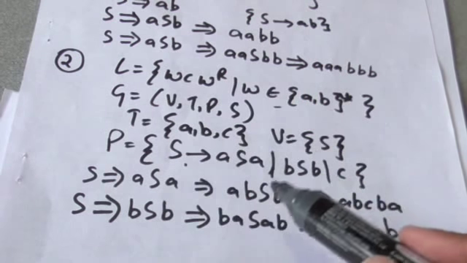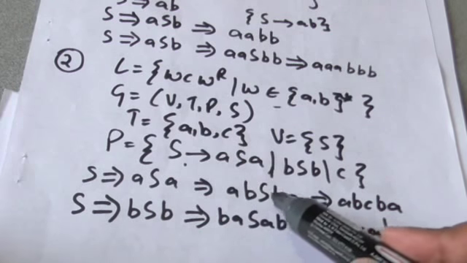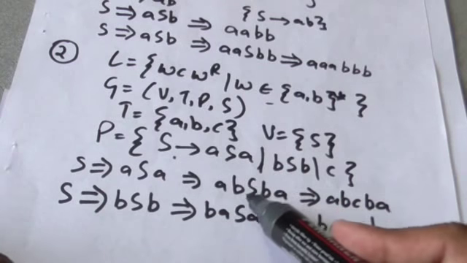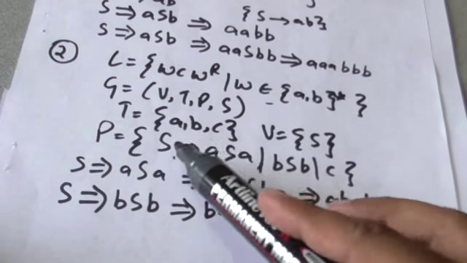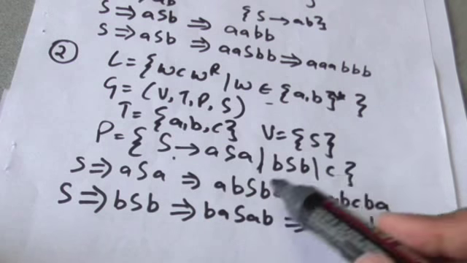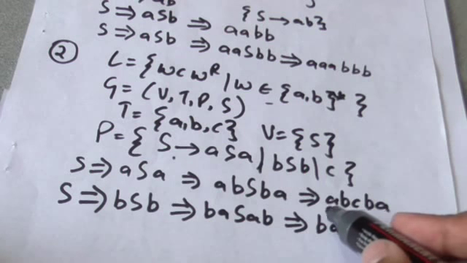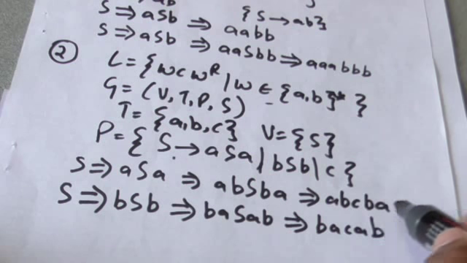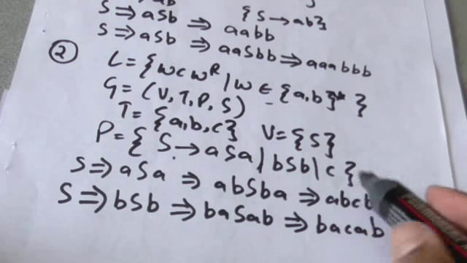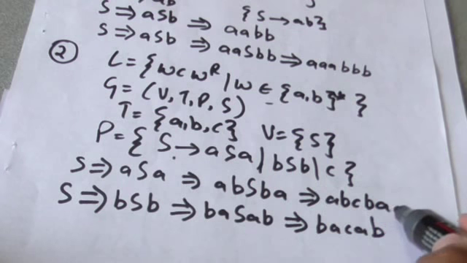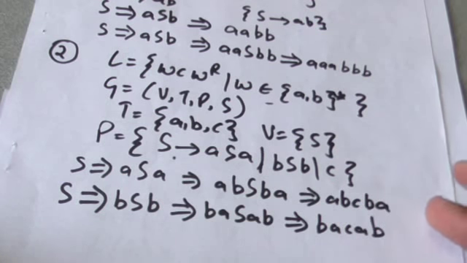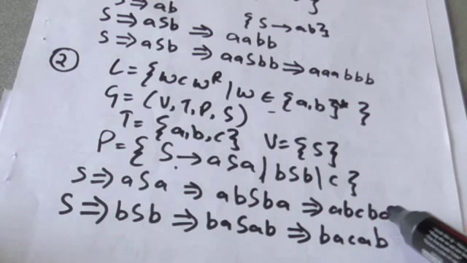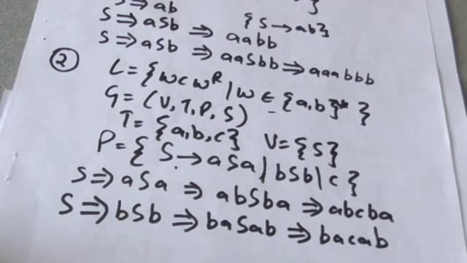So this S is replaced by bSb. Now here we have applied the production rule S derives c. So S is replaced by c. So we have got this string of terminals abcba, right? So this string of terminals will be present in the set L.